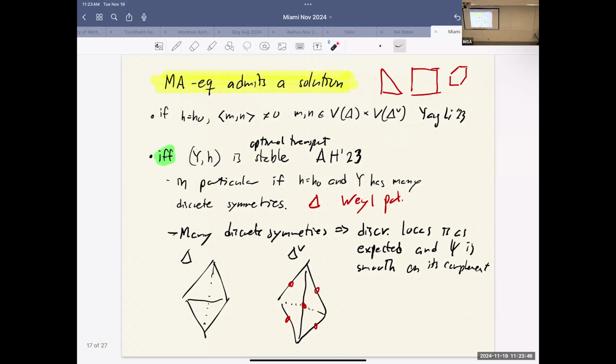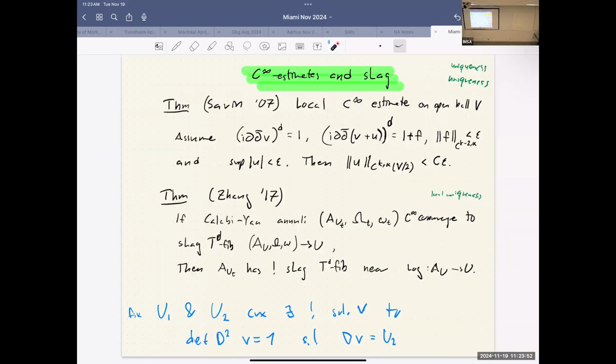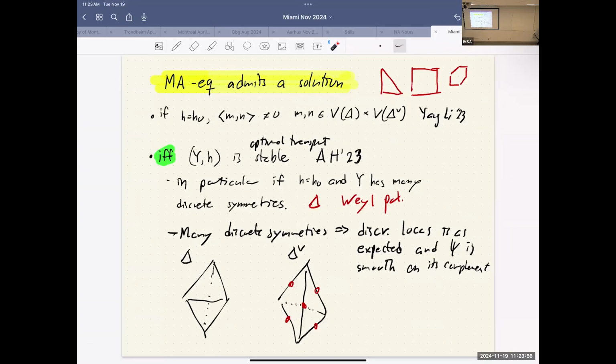I'll just mention quickly in words, but I don't want to get into it. If you don't live in this optimal transport state, it's actually quite easy to produce counterexamples where it's not stable and where there is no solution to the real Monge-Ampère equation. But then, as I said yesterday, you should interpret that as the ambient space being the wrong ambient space.